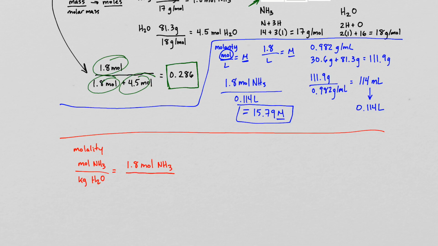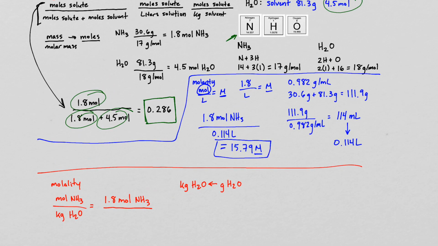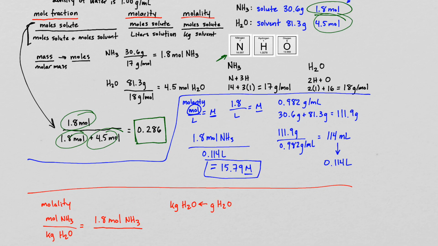So we want kilograms of water, right? But we have grams of water. So we want to go from grams to kilograms. And to go from grams to kilograms, how many grams do we have? We have 81.3 grams. Convert that to kilograms.